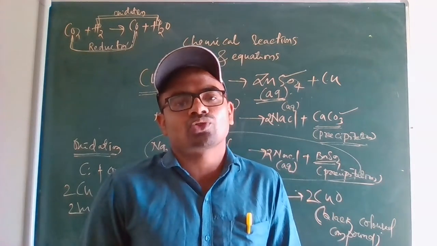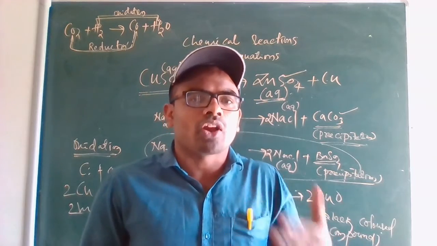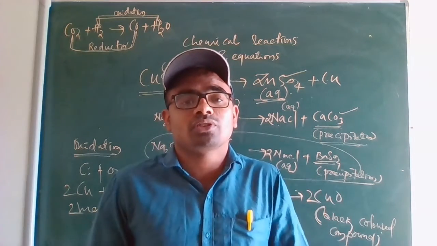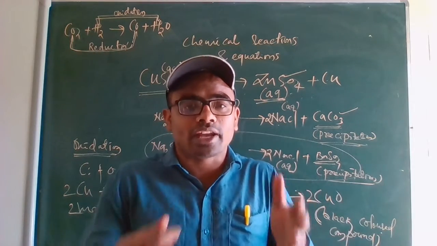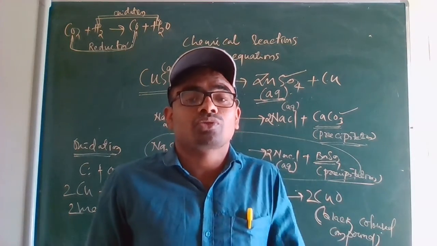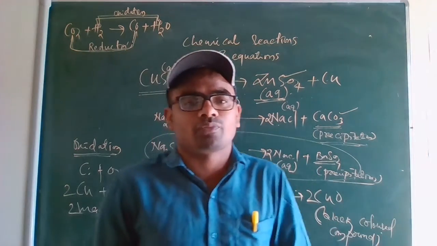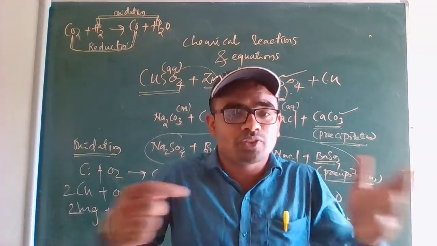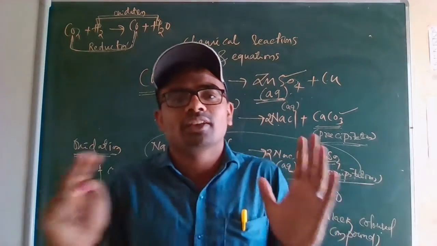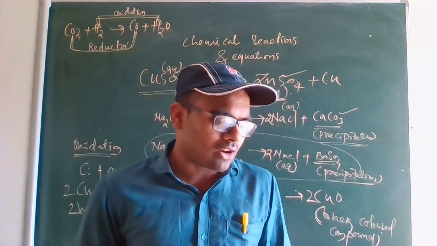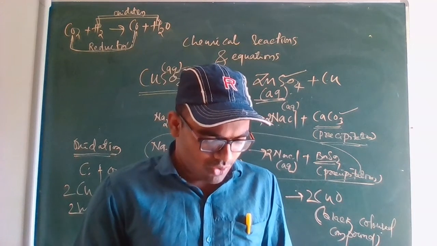When they are filled with nitrogen, the oil and fat content will not react with oxygen, because oxygen will not be present there. Nitrogen will be present. Then it is avoiding oxidation. So if there is no oxidation, the food will be safe. Okay, so I hope you all are clear.